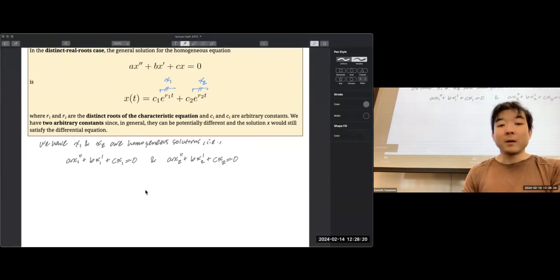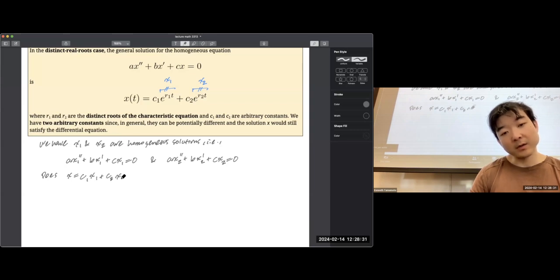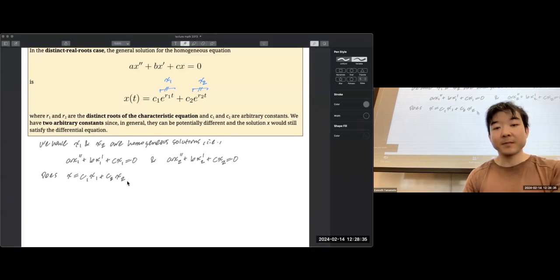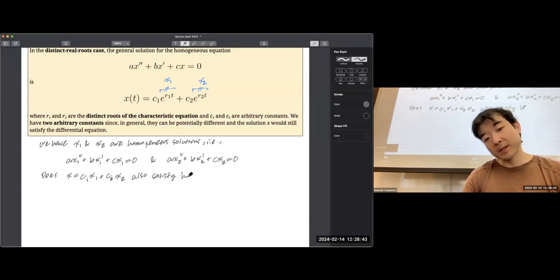Now the question is, does x that's built off of, I'll just say C1 x1 plus C2 x2, that's like this statement here, also satisfy the homogeneous ODE?